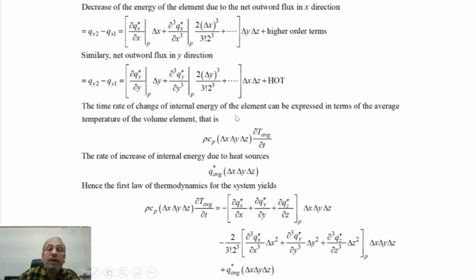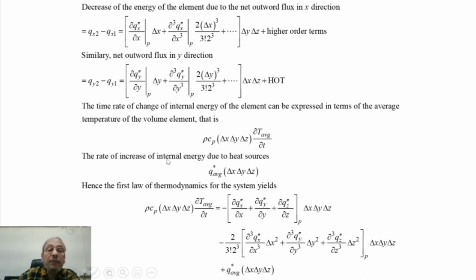Now the time rate of change of internal energy of the element can be expressed in terms of the average temperature of the volume element, that is rho Cp into delta x into delta y into delta z. So this is the volume into rho mass into Cp into del T average temperature, del time. This is basically the time rate of change of internal energy.